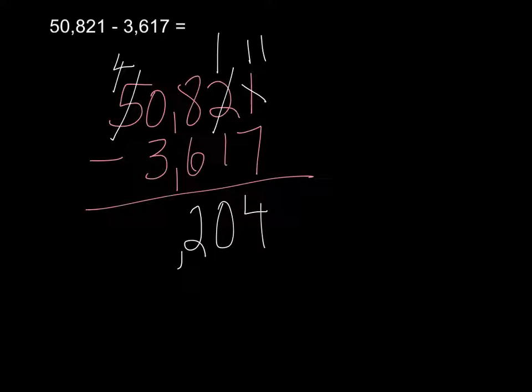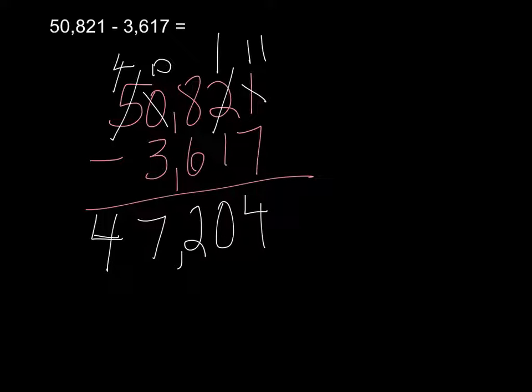When I regroup, that one 10,000 becomes 10 thousands. If I have 10 thousands there now, and I take away 3 of those thousands, that leaves me with 7,000 in that place, and 4 in the 10,000s place, take away nothing, leaves me with 40,000 in this place.